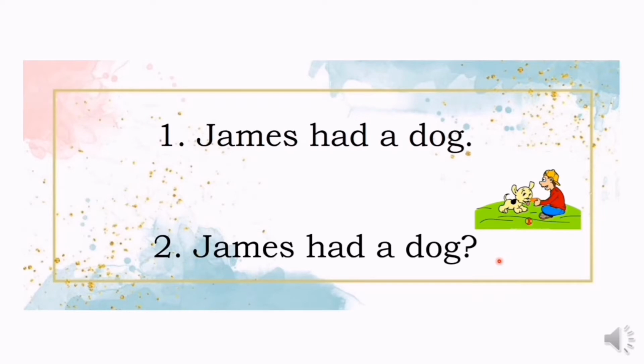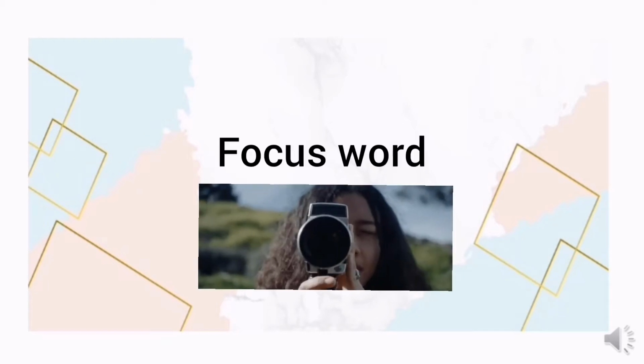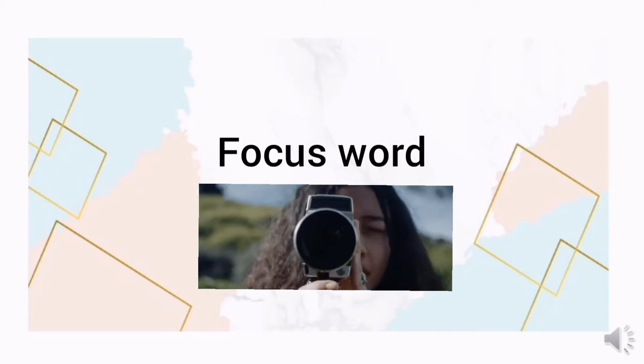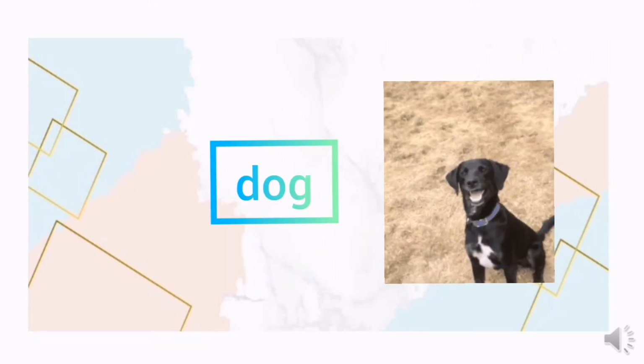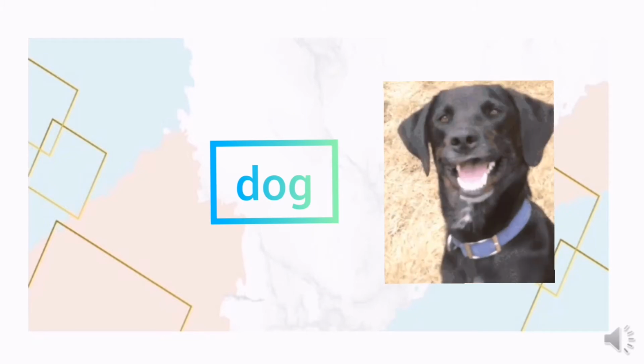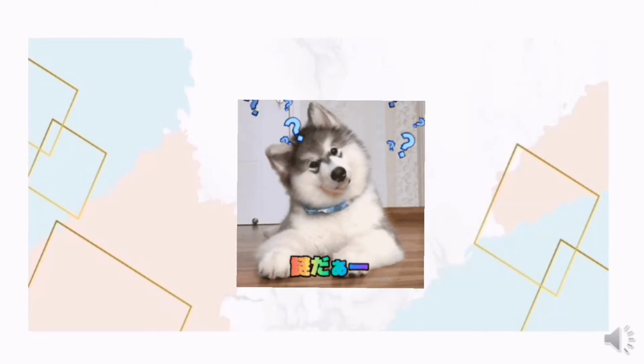Now, in these two sentences, the focus word of the sentence, which gets most emphasis, is the word dog. But what do you think is the difference between the two sentences?